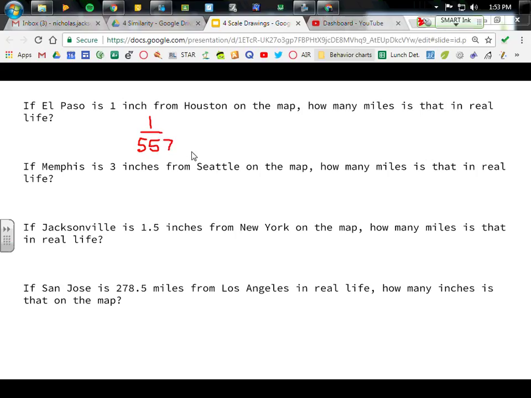And we are going to multiply that by the information we're given in the problem. So we are given inches and we want to find how many miles. All right. So we're going to set this up just the same way we would set up a proportion to solve. All right. So cross multiply and divide. 557 times 1 divided by 1. So 557 miles. That one was probably a no-brainer.